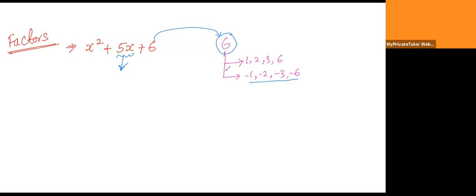So if you need to take two terms here out of these 8 factors, we need to take any two. Those two must add up to 5x, and if you multiply those two numbers, the result has to be this 6. Yeah, they need to add up to 5, and if you multiply, it has to be 6.